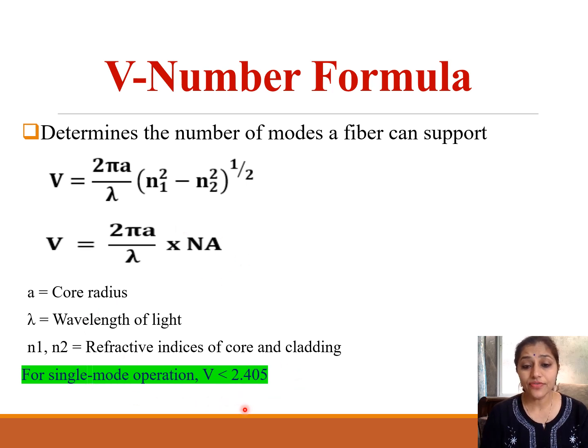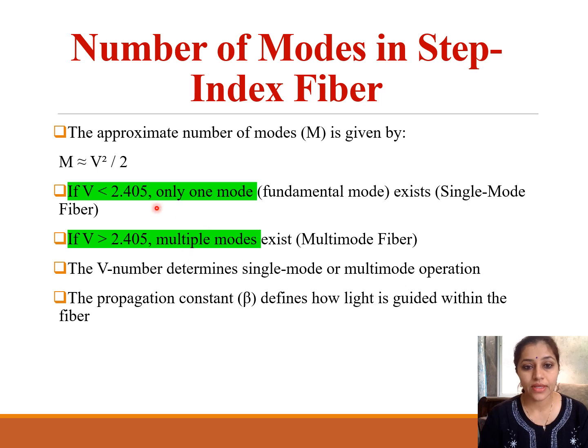If your V number after calculation is less than 2.405, then remember this is a single mode fiber. Only one mode can travel. For multi-mode operation, to travel multiple modes through the optical fiber cable, V must be greater than 2.405.